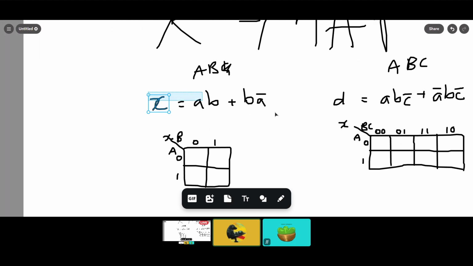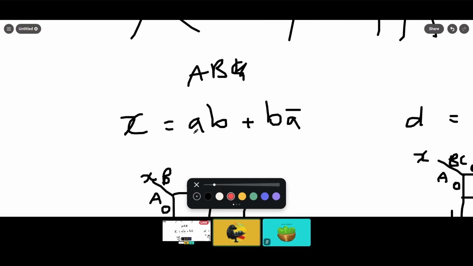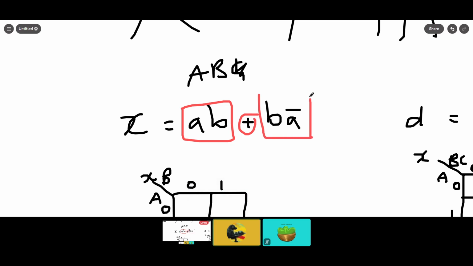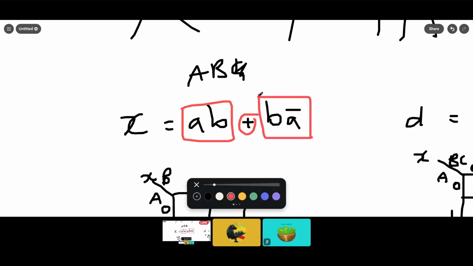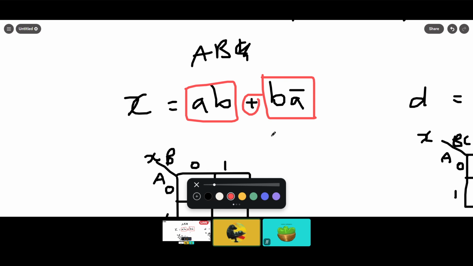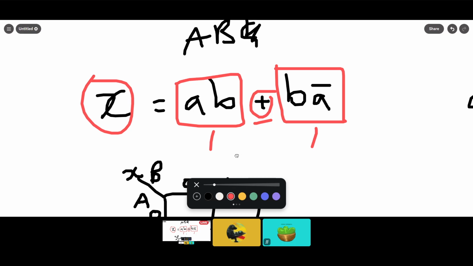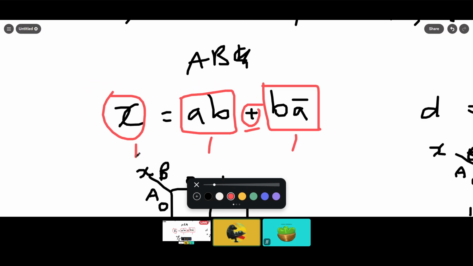When they give you an expression, or when you create an expression, listen to me, you will have ANDed things, and then you have a plus, then you have ANDed things. Now listen very closely. In this expression, these sub-expressions that are combined together with pluses, they are equal to 1 when X is 1.